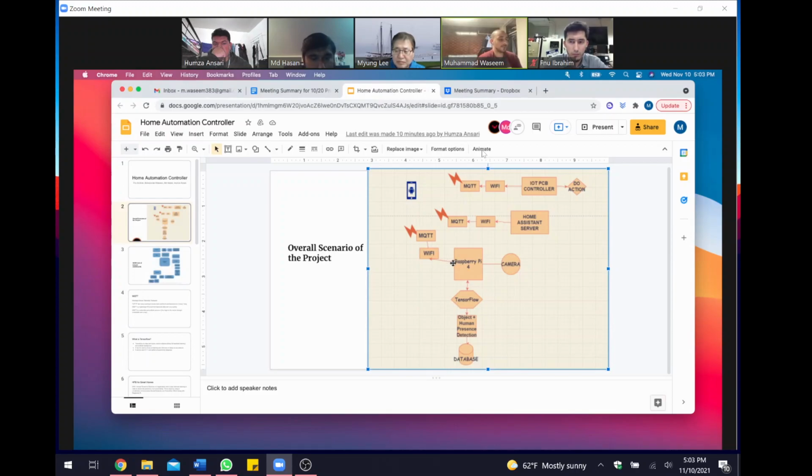Through this Wi-Fi connection or a Bluetooth connection, we can send commands to our Home Assistant server and to our PCB controller, which is connected to relays that perform some type of action. We can also see these notifications or changes on our mobile device, which has a user interface where we can allow notifications or changes to be sent from the phone to these devices or from these devices to the phone.